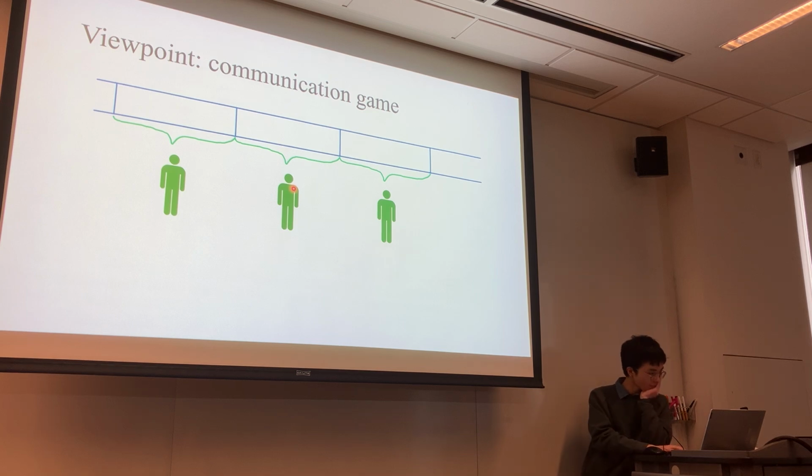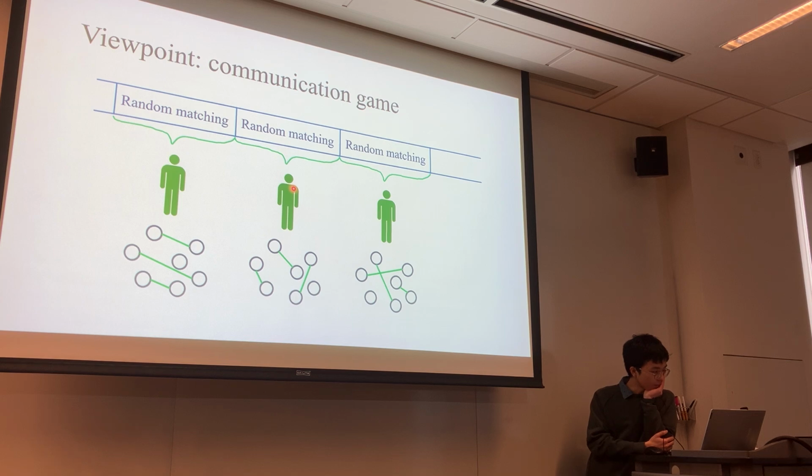Since the edges in the tape should form a graph, we're now going to specify what kind of inputs we're going to let each player see. So we're going to give each player a random matching on the underlying vertices.